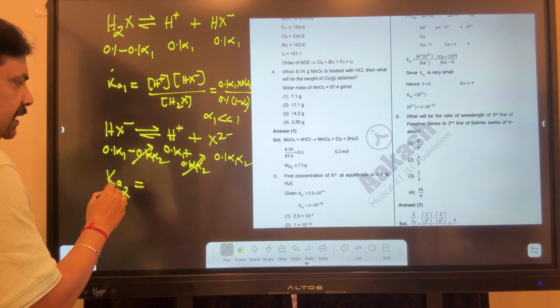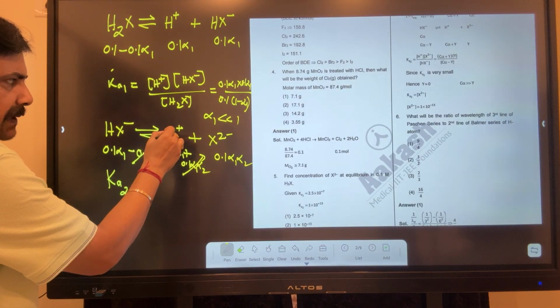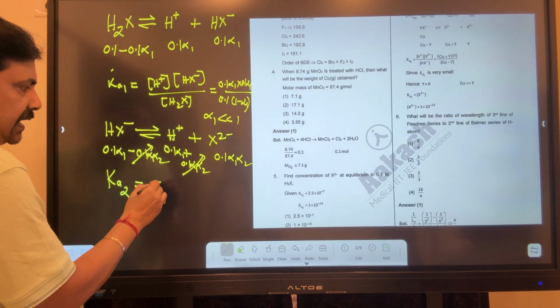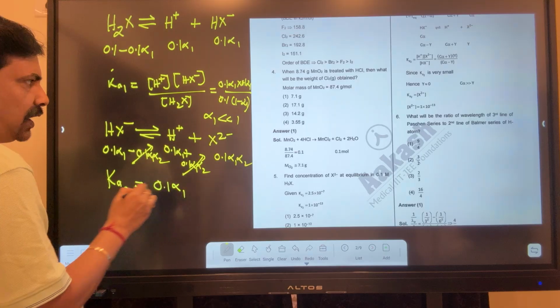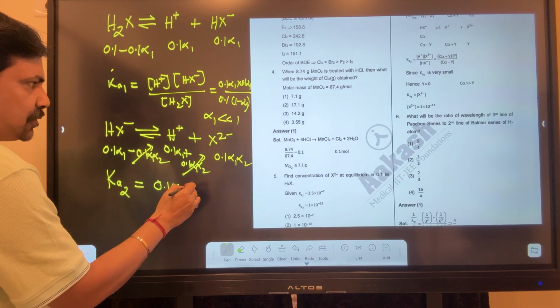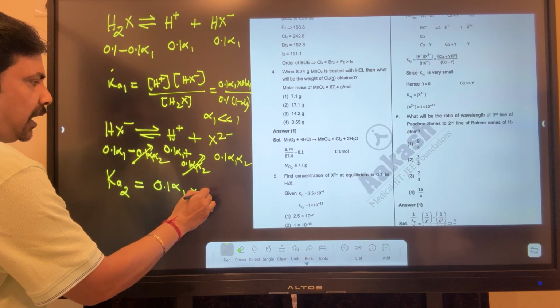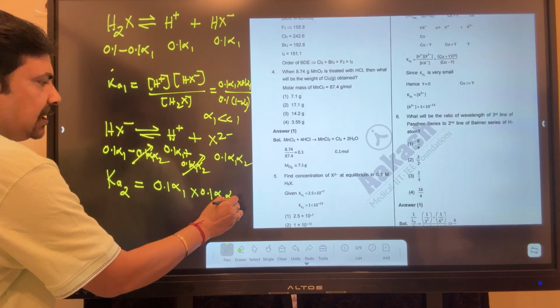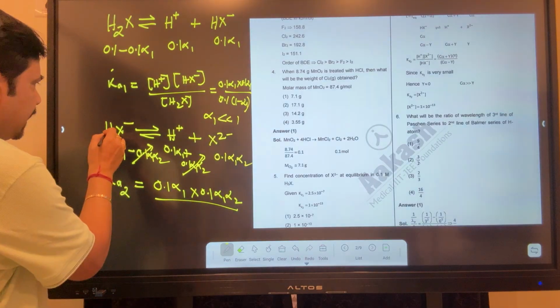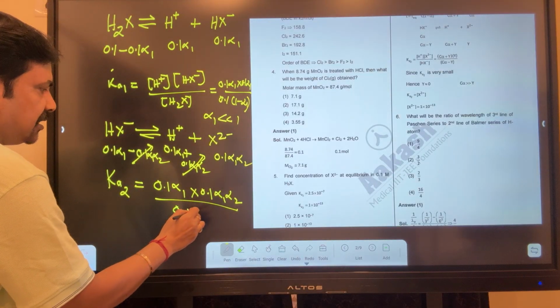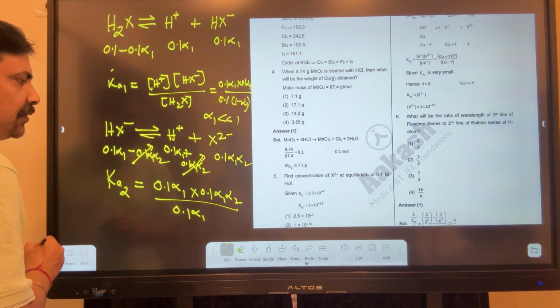Now immediately K2 will be equal to H plus concentration, which is nothing but 0.1 alpha 1, whereas X2 will be equal to 0.1 alpha 1 alpha 2 divided by HX concentration, which is nothing but 0.1 alpha 1.